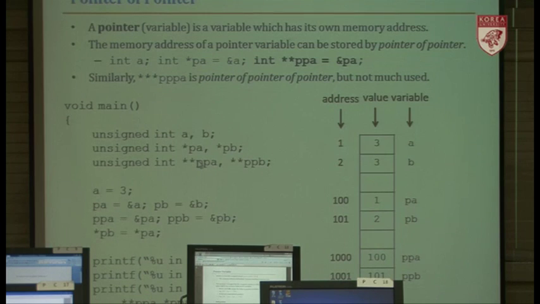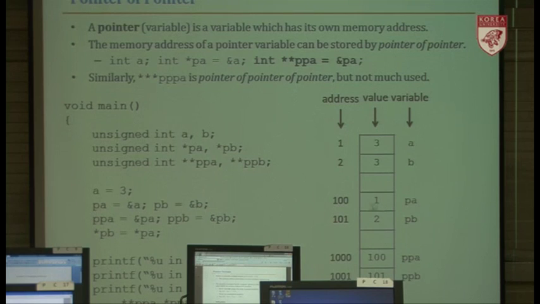Okay, so let's think about when we first declare a and b. The system assigns some memory space for a and b, and let's assume those memories are addressed 1 and 2. 1 is for a, 2 is for b. We also declare pointer variables pa and pb, because they are variables, they should have their own memory address.